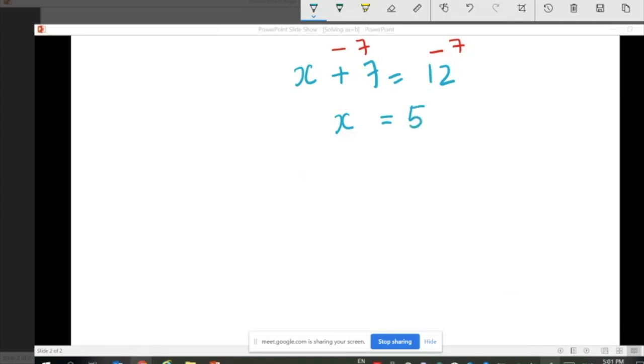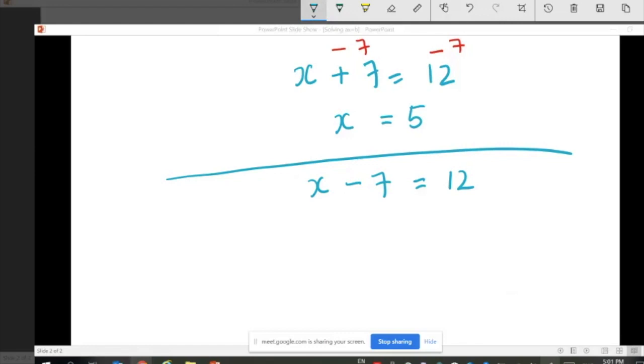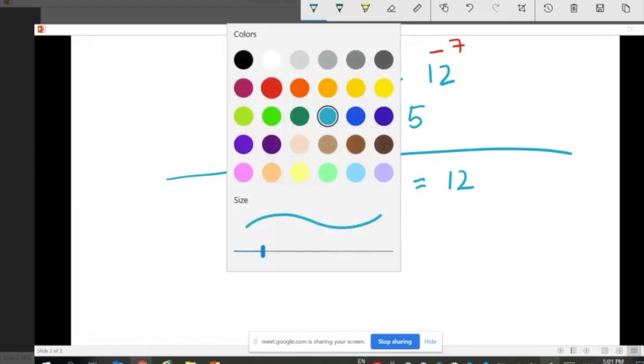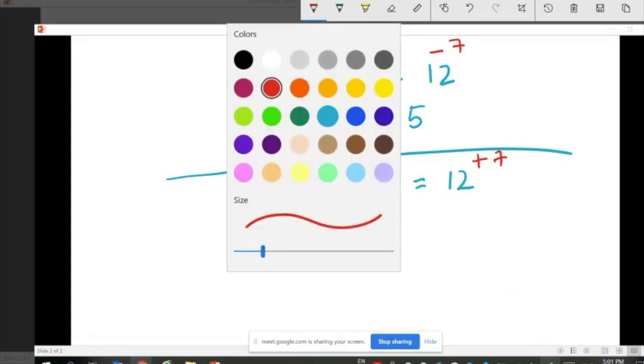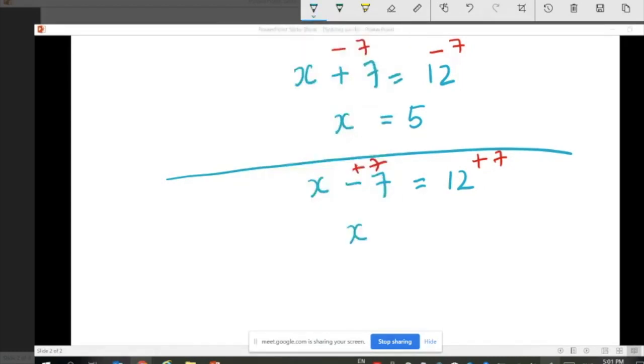Or it can also be of the form x minus 7 equals 12. So in order to solve this, I need to form my zero pair. I need to add 7 on both sides so that this will be 0 plus 7. So my x will be 12 plus 7, which is 19.